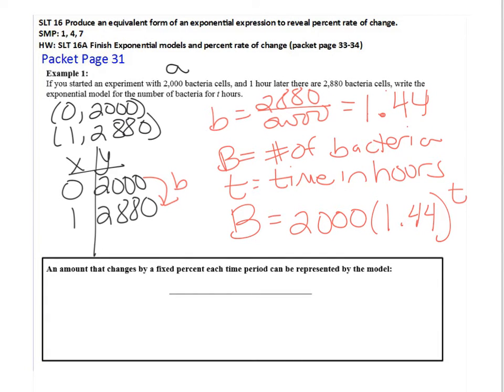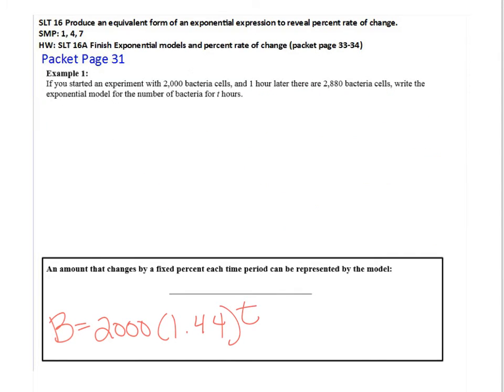So if I was going to fill in the box here, here's my equation. And what that tells us is the 1.44 is going to tell us the percent rate that our bacteria is increasing. I know it's increasing because we go from 2,000 to 2,880, so it's going up.